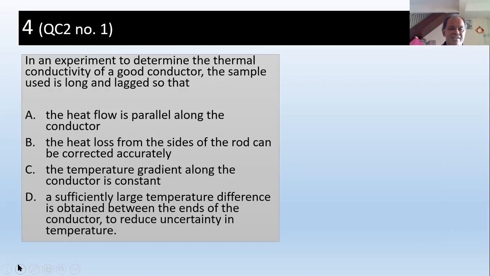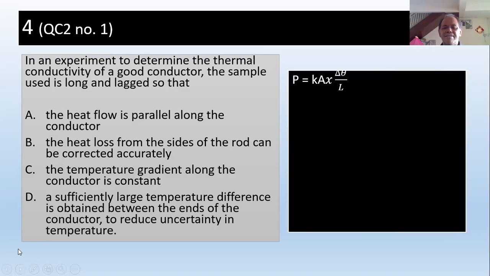Cannot. The temperature gradient along the conductor is constant, correct, but that is not the reason. Did I answer C? No. Is a sufficiently large temperature gradient the reason? A large temperature difference is obtained between the ends of the conductor to reduce uncertainty in temperature.